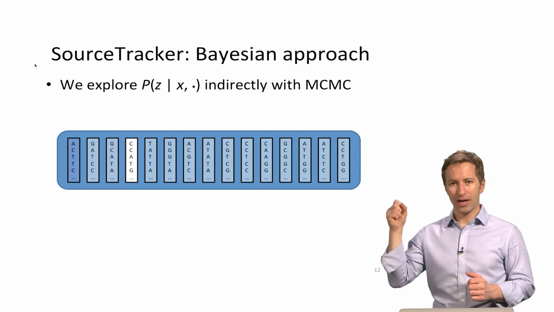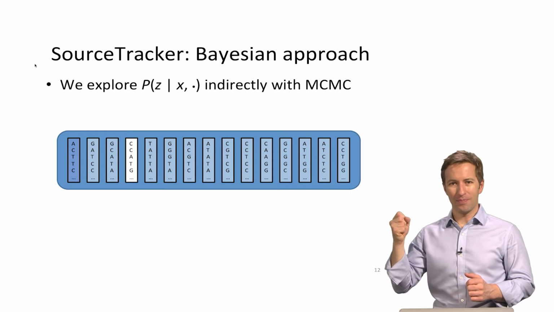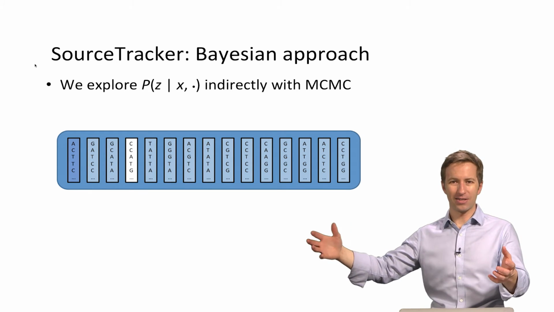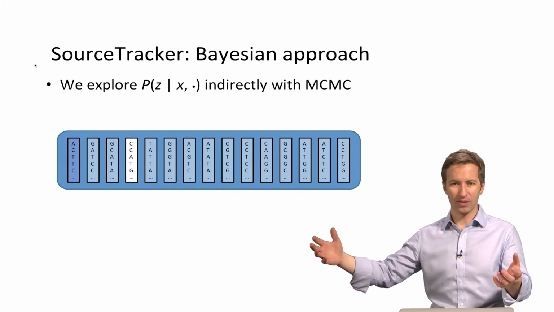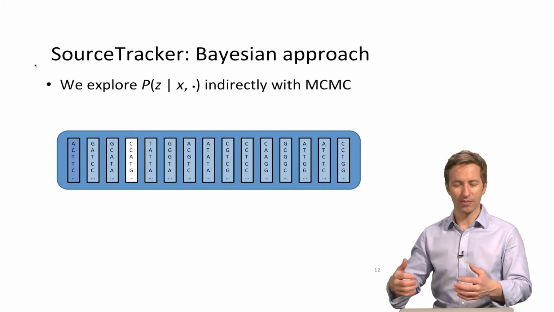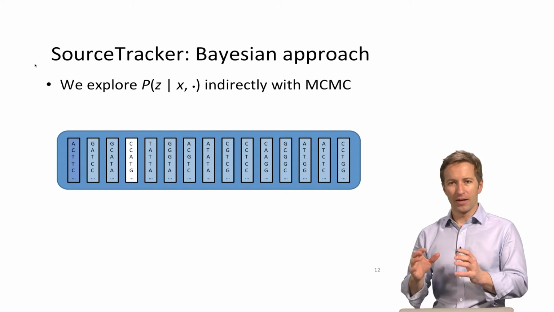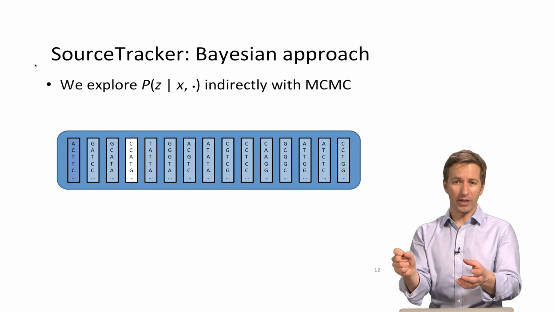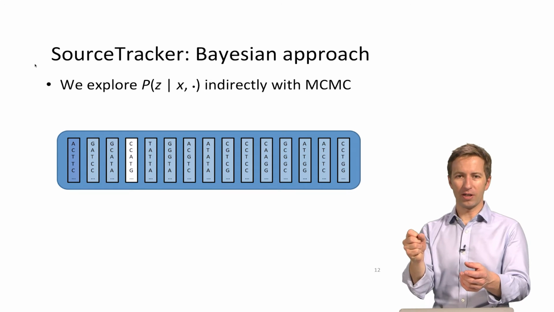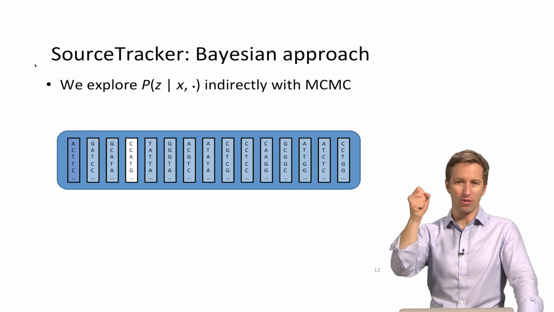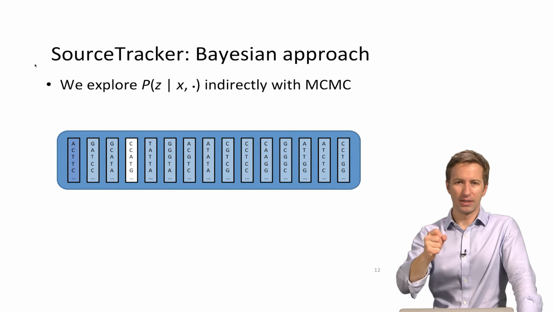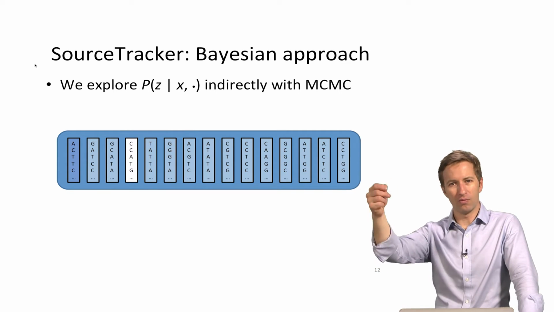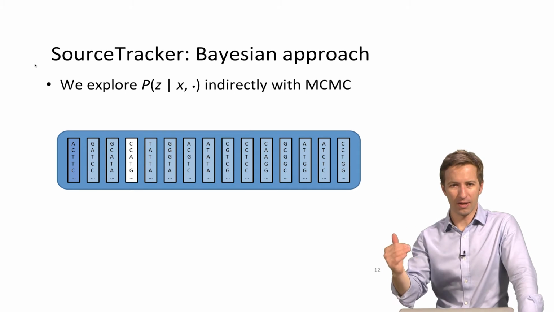We pick that OTU out, pretend that the rest of them are assigned to the correct source environments, even though we start with random source environments. And assuming that the rest of them are in the correct source environment, it's actually very easy then to calculate the probability that this one came from unknown or source 1 or source 2. And so we just roll a weighted die and put it in one of those depending on how likely it is to end up in each one of them.